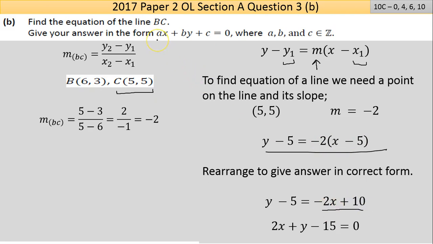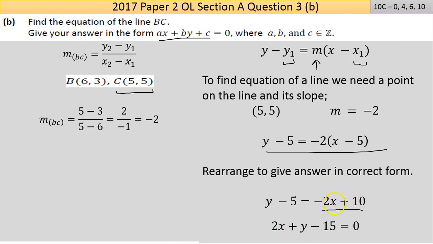And again, they want it in the form of a times x plus b times y plus c equals 0. Basically, that means they want everything on one side equals 0. So if I just move everything to the same side, usually they want x being positive. So if I bring the -2x across here, the x will become positive. Bring the 10 across, I'll have everything on one side, and that should satisfy their requirement.